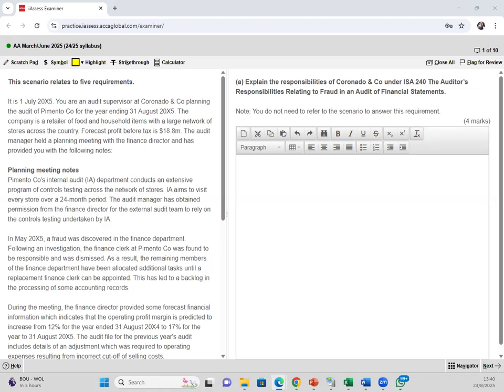Okay, so what is the question about? The question is asking about the responsibilities of auditors in relation to fraud and error. Remember, it's not the responsibility of the auditor to ensure that the financial statements are free from errors.